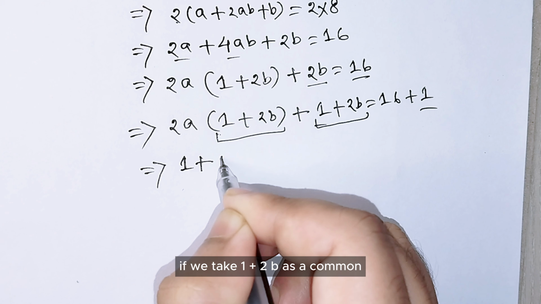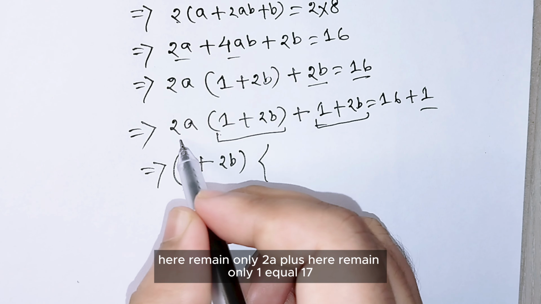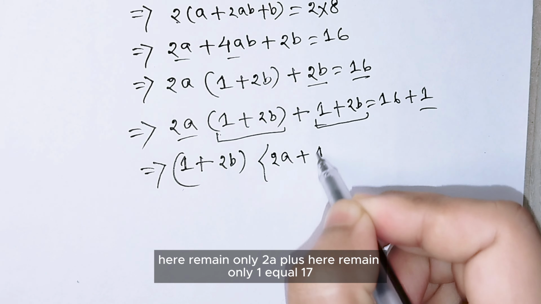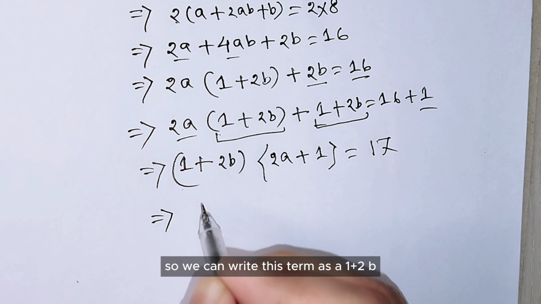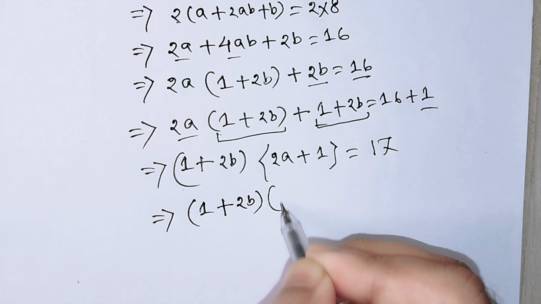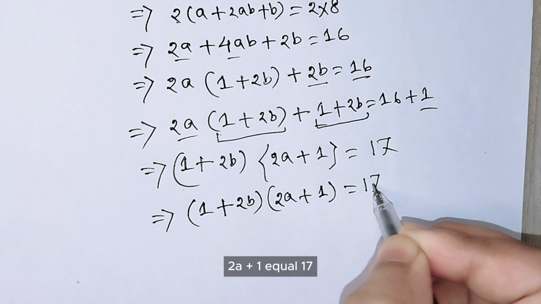If we take 1 plus 2b as common, then here remain 2a and here remain 1, equal 17. So we can write this as (1 plus 2b) times (2a plus 1) equal 17.